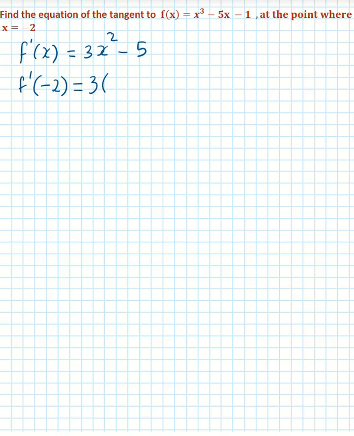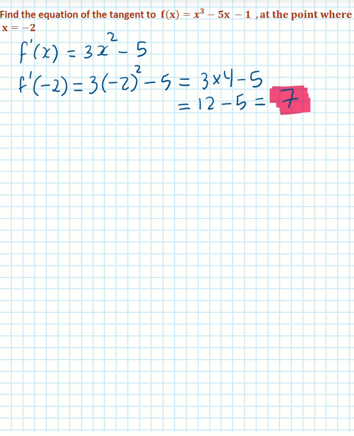So it's going to be 3 times minus 2 squared minus 5, which equals 3 times 4 minus 5, which equals 12 minus 5, which equals 7. So what we found here is the slope of the tangent.